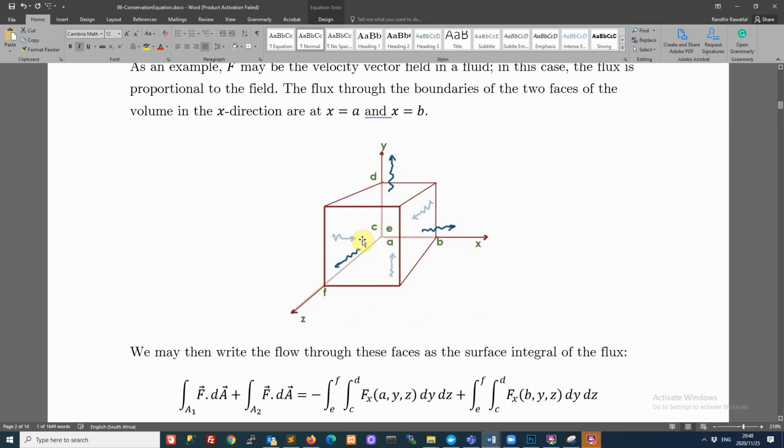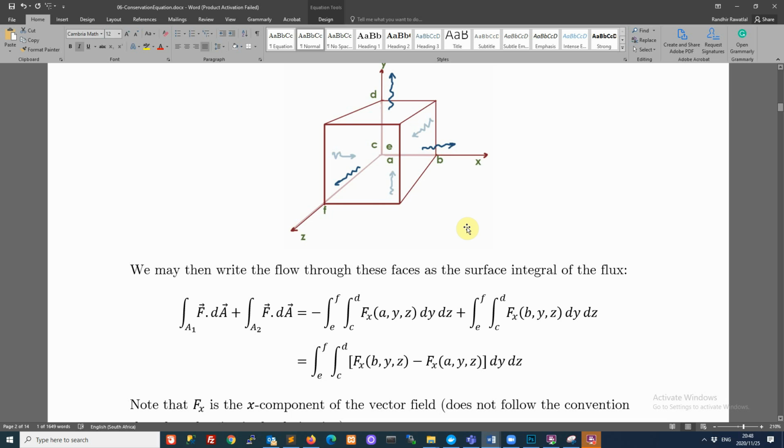So here's our subvolume, and let's just think about the change in the x direction first. So we've got a flux arriving in at this face here, and then we've got a flux leaving from that face there, right? So looking at flux just in this direction, of course we have flux in all three directions, but just in terms of flux in the x direction, we've got material arriving here and we've got material leaving there.